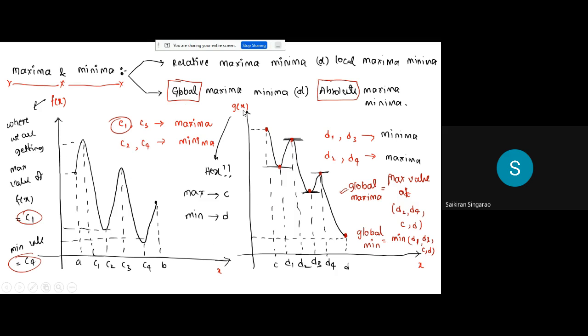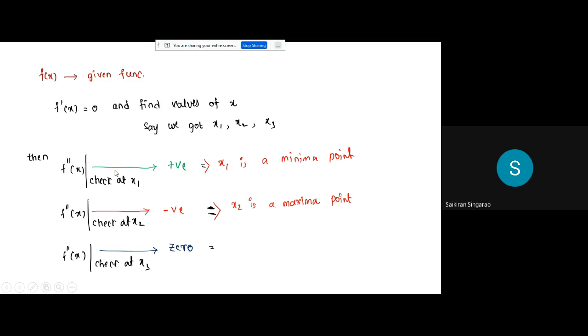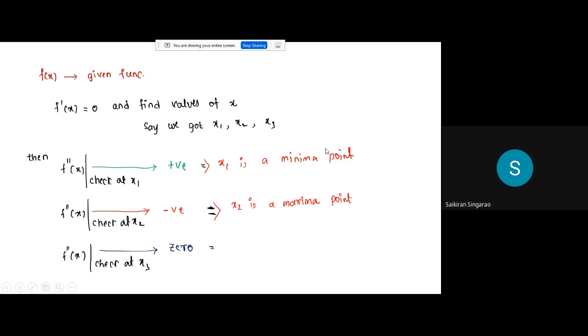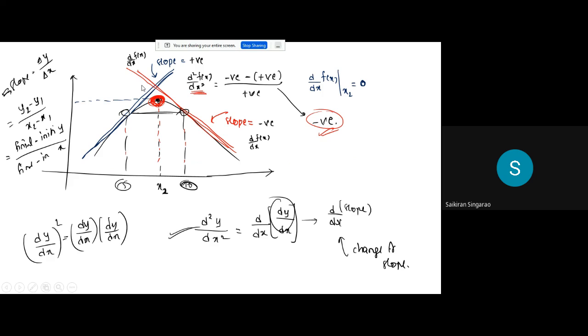It's all right, I'll tell you what it is. So my point is like this. If I want to define a maxima point or a minima point, a maxima point is that point where the slope changes from positive to negative.